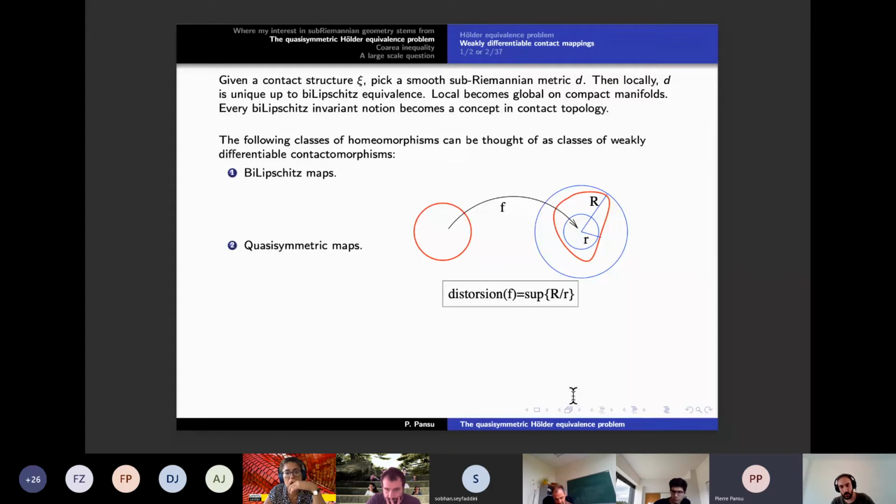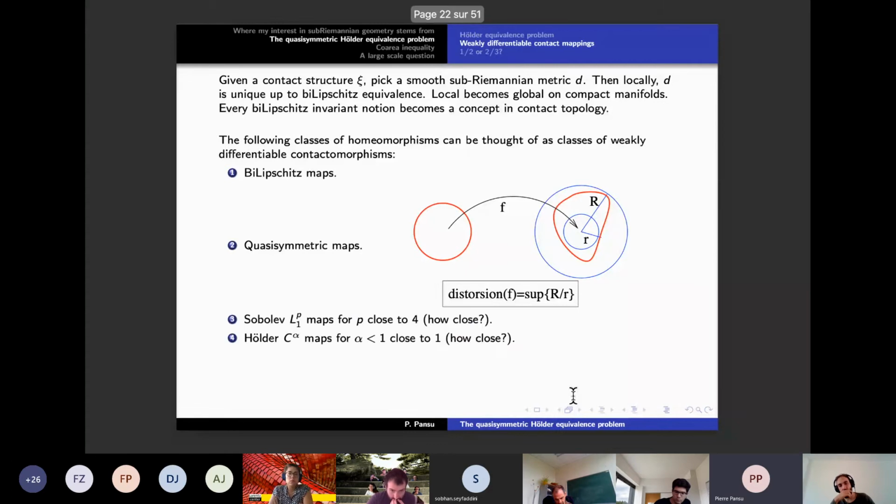And so now we can introduce bi-Lipschitz maps, or more generally these quasi-symmetric maps I defined a few minutes ago. But also these more analytic classes of maps like Sobolev maps, L^1_p maps which have first derivatives in L^p, or merely horizontal derivatives in L^p, or Hölder continuous maps.